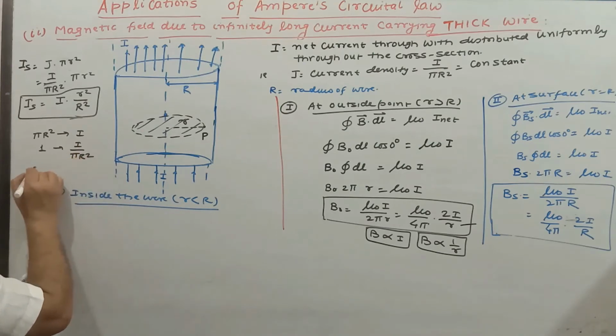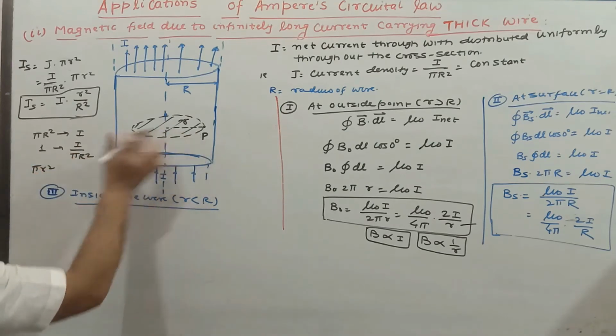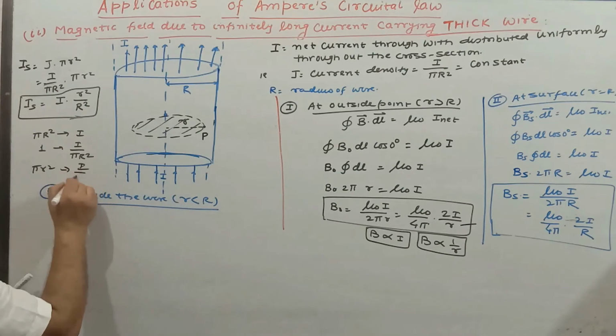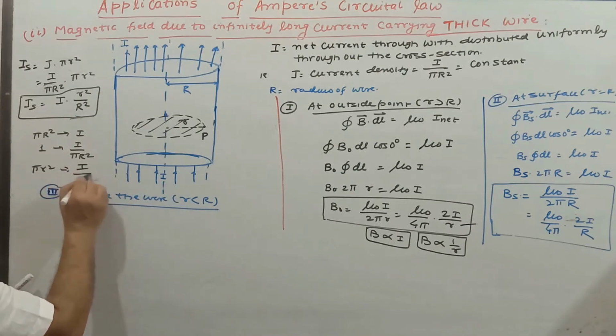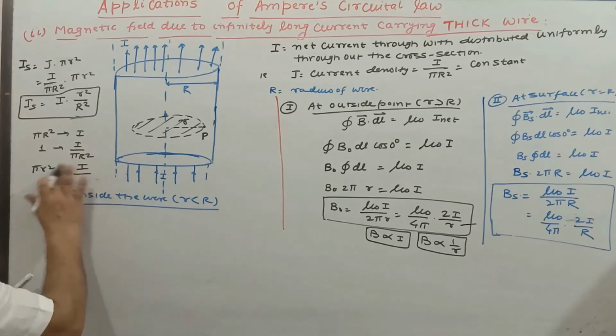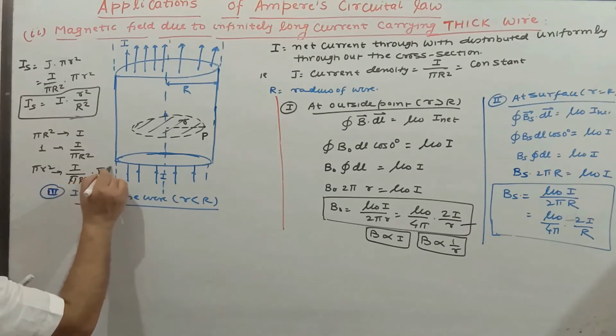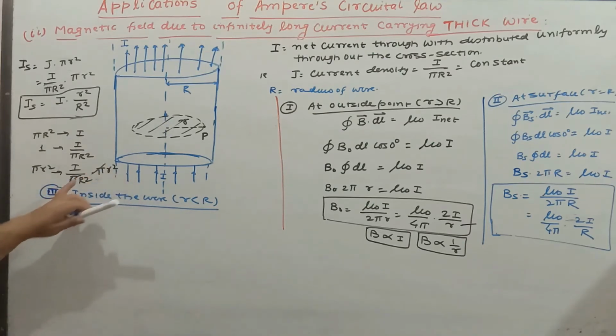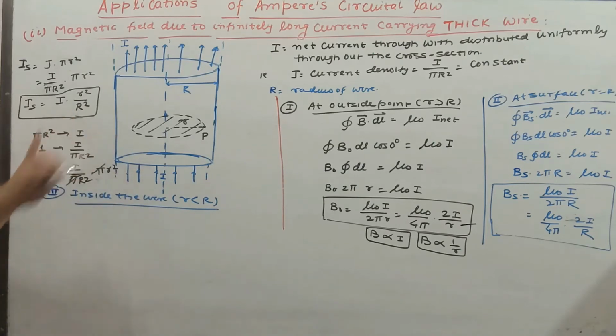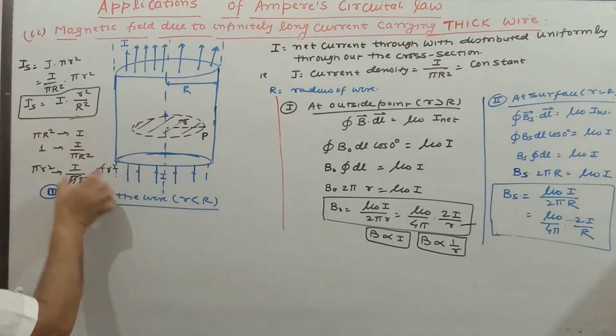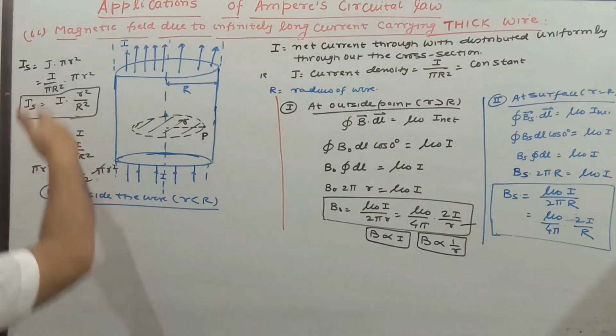So the current through pi small r square is I divided by pi R square into pi small r square. The pi cancels out, and we get I into small r square by capital R square, the same. So the net current passing through this area is this much. The same thing you can do by the unitary method, so you can use either one.